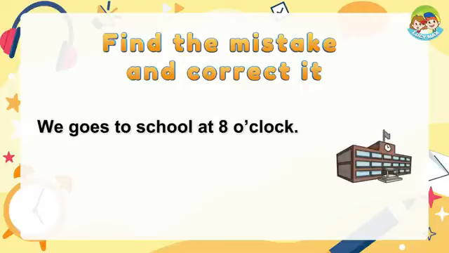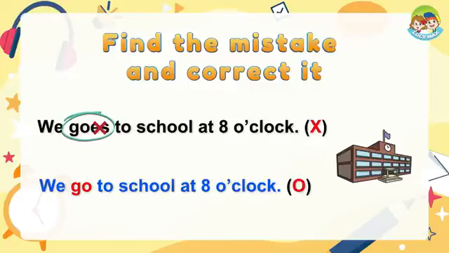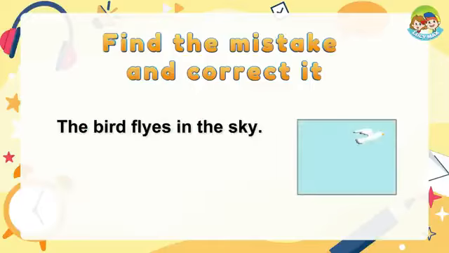We goes to school at 8 o'clock. Goes should not have ES. It should be, we go to school at 8 o'clock. The bird flies in the sky. The verb flies does not end with ES.